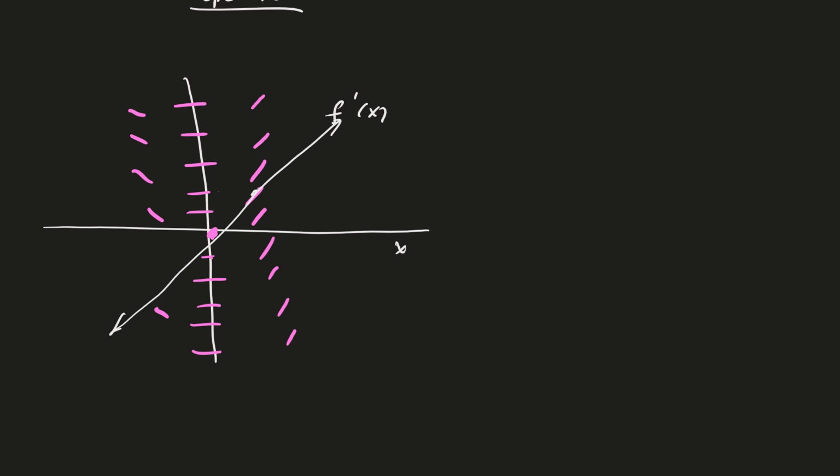Okay, and so do you kind of see what kind of a picture we're going to get? You probably could have guessed. It looks like parabolas. Yeah. Good. And so here's my antiderivative.